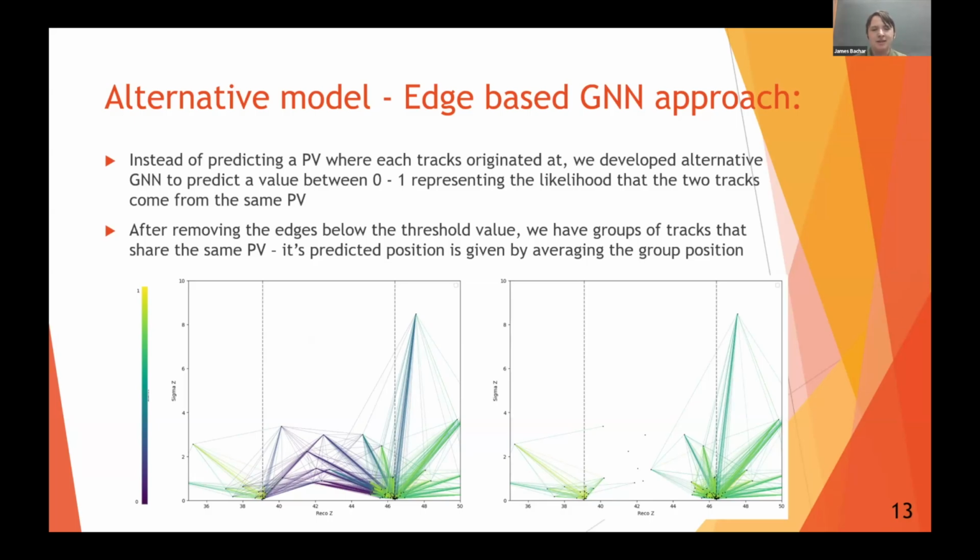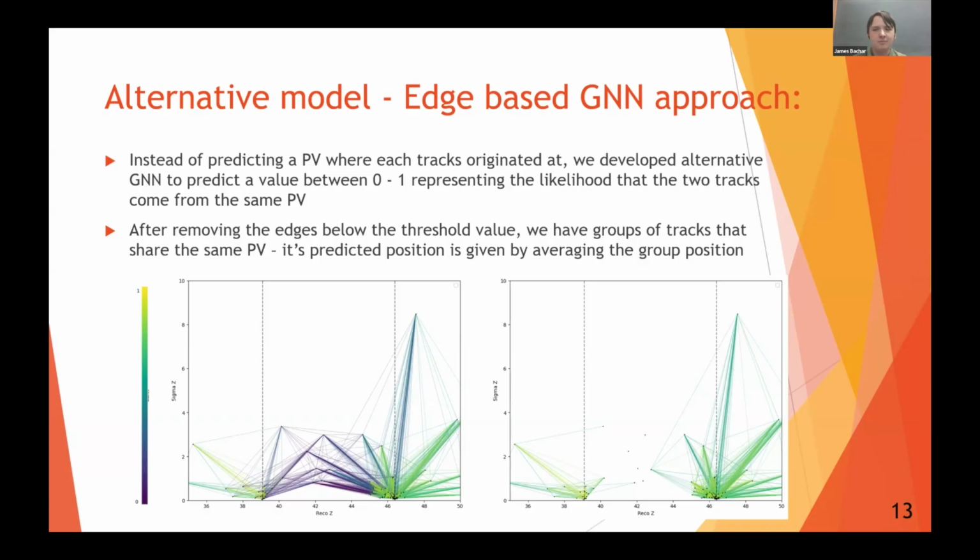What I implemented is trying to predict which tracks are from the same PV. Each edge is assigned a number by the graph neural network, a value between 0 and 1. Based on this value, we can say these two tracks came from the same PV or these two tracks did not come from the same PV.